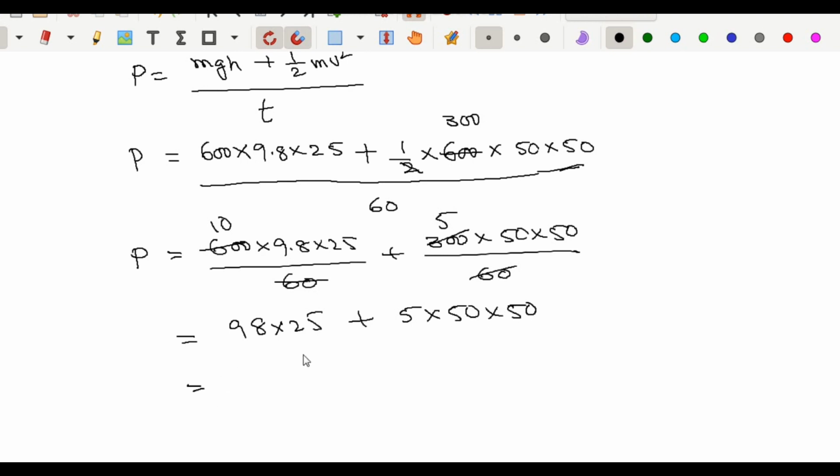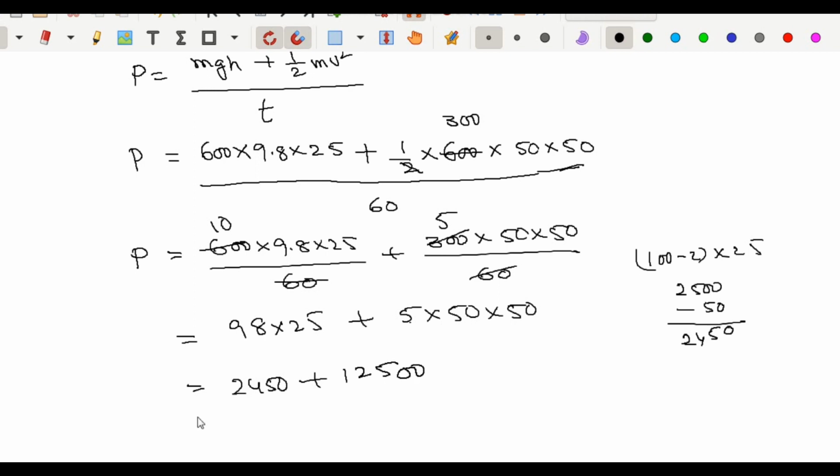98 into 25, we can write 98 as 100 minus 2, into 25. 25 into 100 means 2500, minus 2 into 25 means 50. This gives 2450. Then 5 into 5 means 25, 25 into 5 is 125, add 2 zeros, 12500.